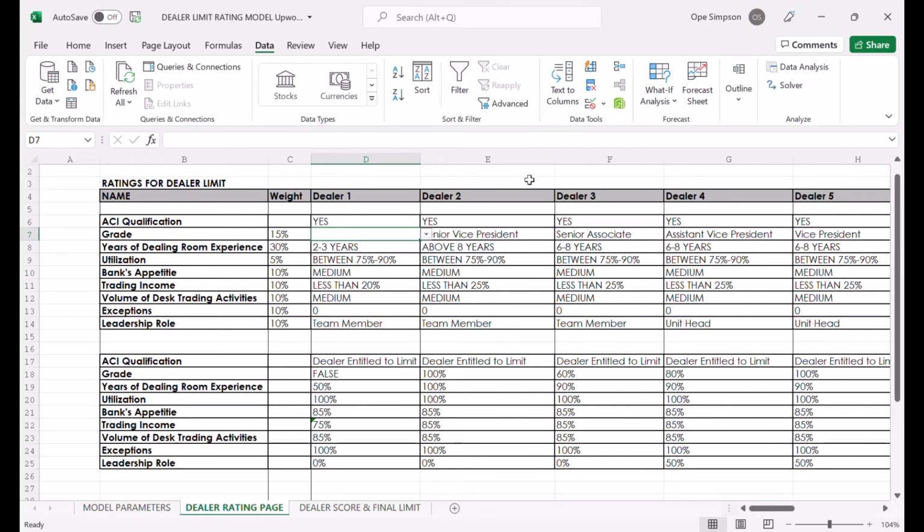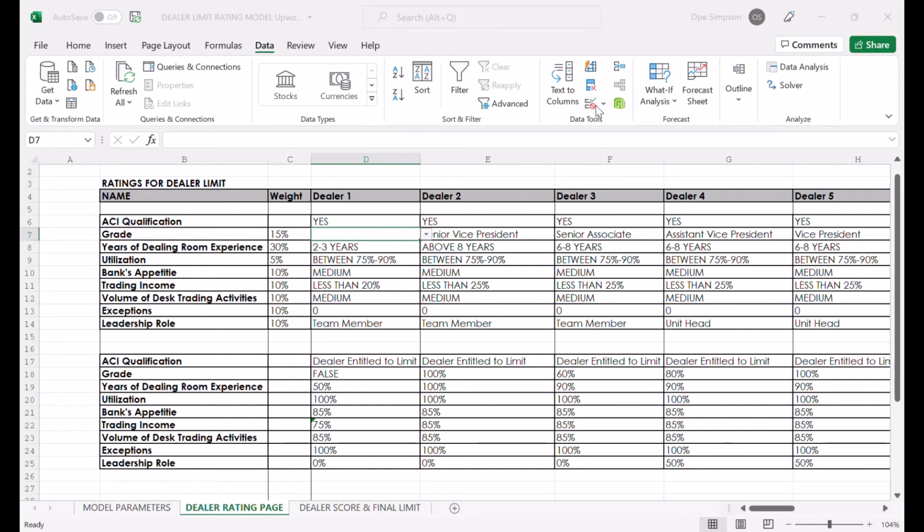Using dealer 1 as our example, the first port of call is to create a drop-down list for all our parameters. I'm going to use the grade as our example parameter drop-down list. The first thing we do is go to the Data tab and click on Data Tool. Now, while I'm recording this, I can see the drop-down list, but I noticed that you wouldn't be able to see it, so I'll just walk you through.